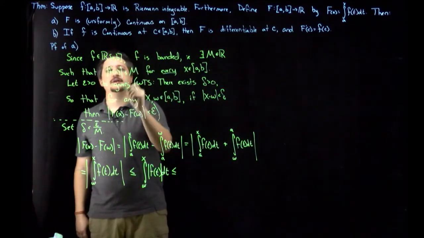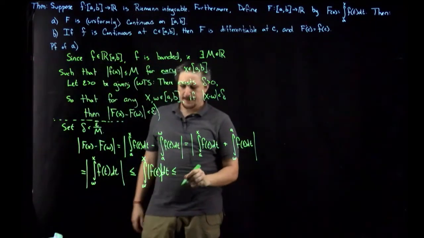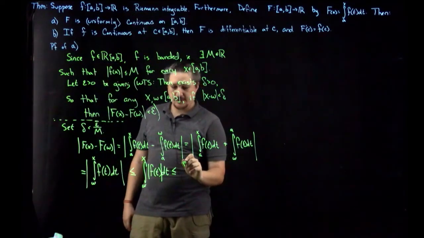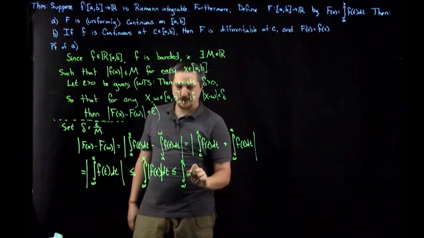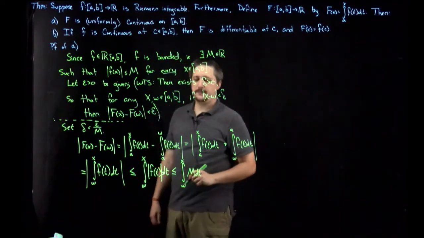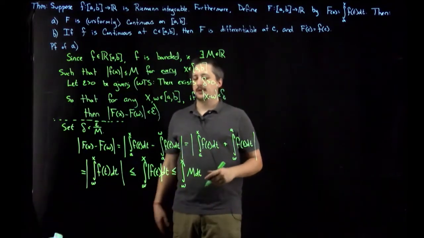I could pick a yet bigger M and it would be strict, but I don't need it to be strict. So I can make this even bigger. Replace it with the integral from w to x of now just M dt. Right? If I make the inside yet bigger, I only make the overall integral bigger.